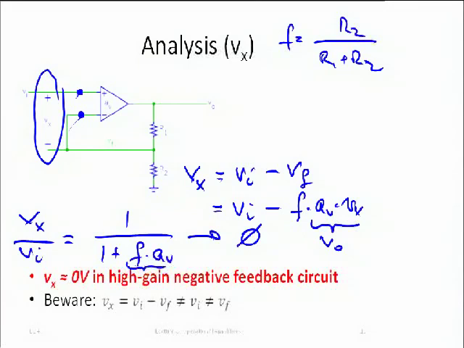Now in practice, of course, the gain of the operational amplifier is not infinite. It's maybe a million. So if V out is 1 volt, what would be Vx? 1 microvolt, right? So in practice, this voltage Vx is going to be a very small voltage, like 1 microvolt or so.